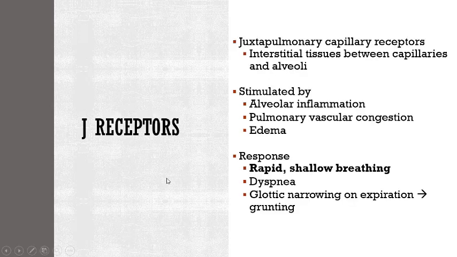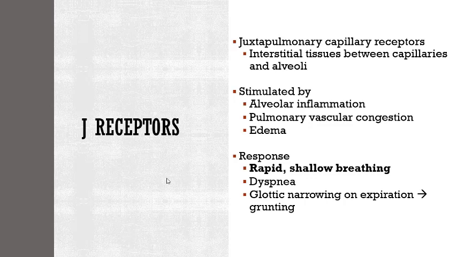circumstances are. You have something called J receptors. It stands for juxtapulmonary capillary receptors. They're located in interstitial tissues between your capillaries and your alveoli. So if you guys can kind of imagine the diagram of your alveoli, and then right underneath it is obviously your capillaries, these receptors are located in the space in between those. They're stimulated by alveolar inflammation. So you can think about like the scarring and different things that can irritate your alveoli.